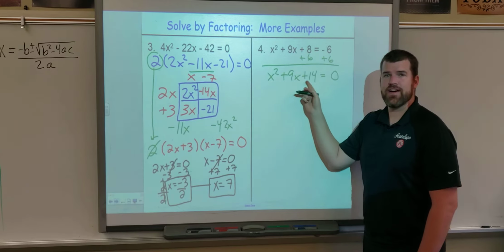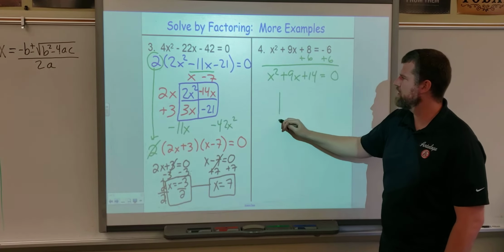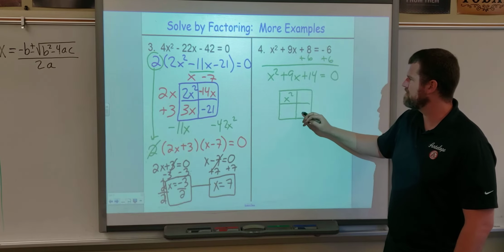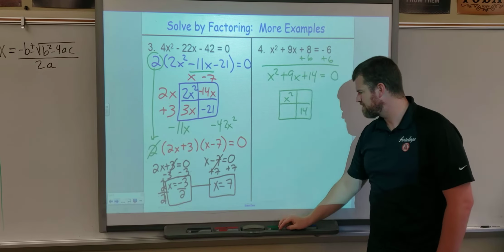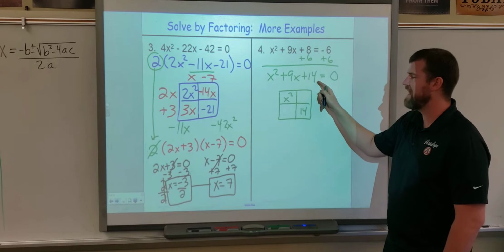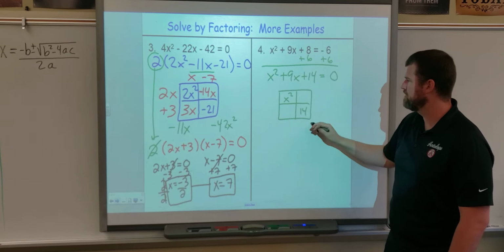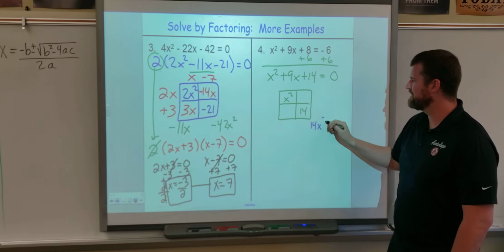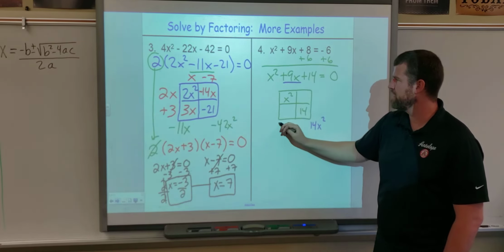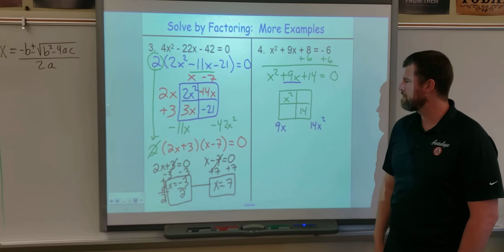I look for a common factor. I don't have one, so I jump straight into the box. First term, first box. Last term, last box. Multiply those together, which it's really multiplying the first term and the last term, right? Because those are the two terms we put in. We need to multiply to 14x squared, but we need to add to the middle term, so we need to add to a positive 9x.